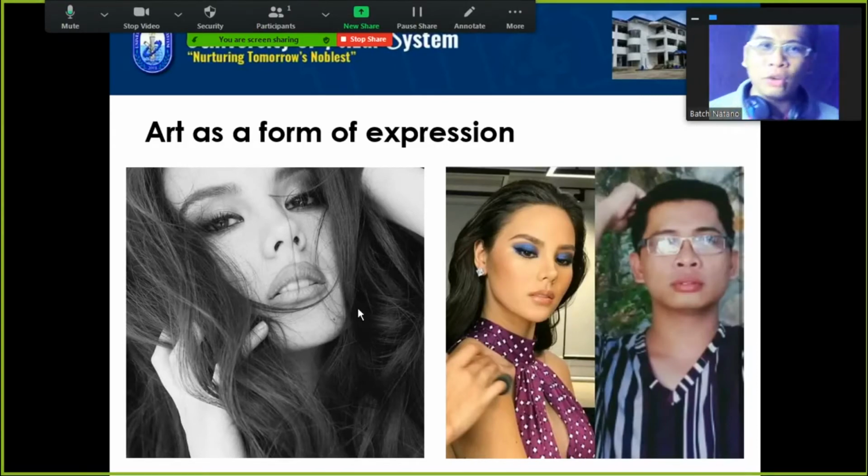Okay, art as a form of expression. Expression talagang emote kung emote. So, emote mo yung mukha mo dyan. Catriona Gray. Hindi ako papakabog kay Kat dyan sa pag-emote-emote na yan. Anyway, art as a form of expression.